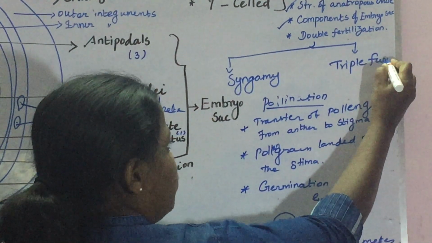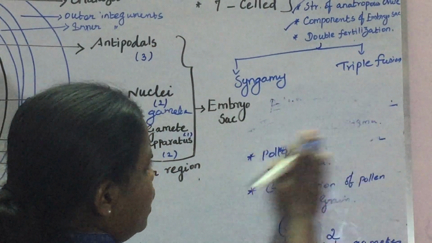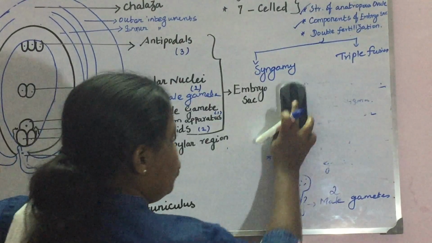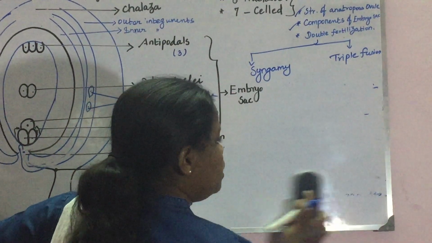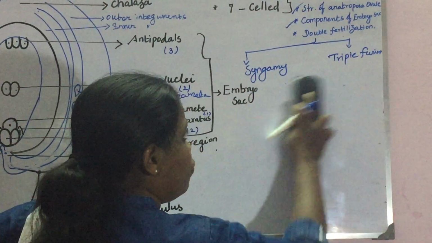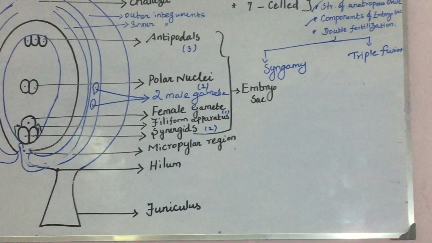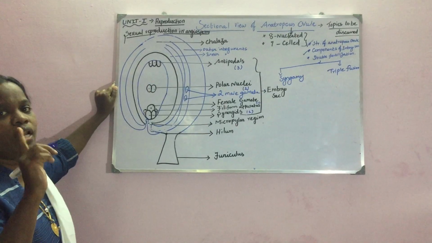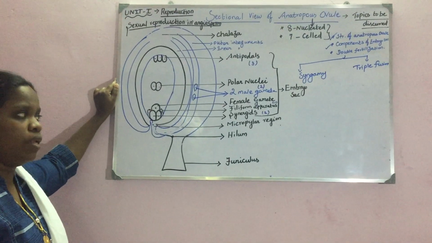Syngamy and triple fusion together are called double fertilization. How will you define double fertilization? Syngamy and triple fusion together are called double fertilization.